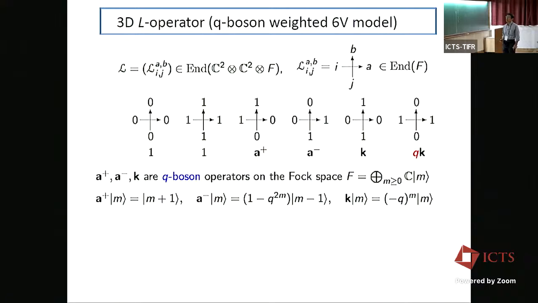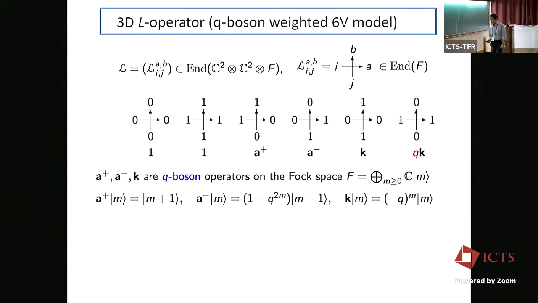They are the Q-boson operators. So A plus acts in this manner, creation, A minus like this, annihilation, and K is diagonal. So this last vertex I put in red. Later we will specialize Q to 0. In this case, this drops out and we go to the 5-vertex model.